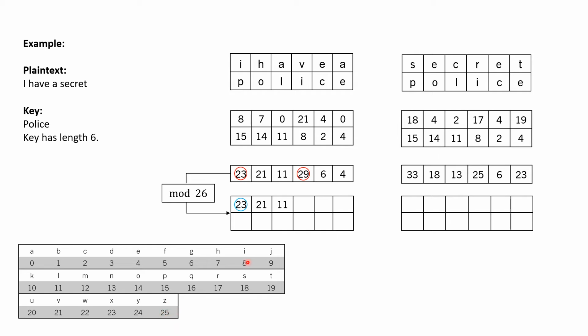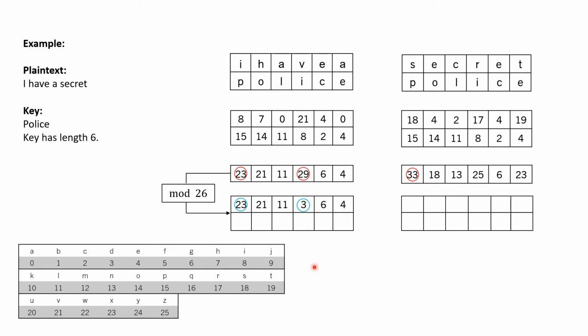But then we ask ourselves, if I divide 29 by 26, what do I get as the remainder? The answer is 3. And the same idea applies to 6 and 4. Again, dividing 6 by 26, you'll get 6 as your remainder, and same idea for 4.